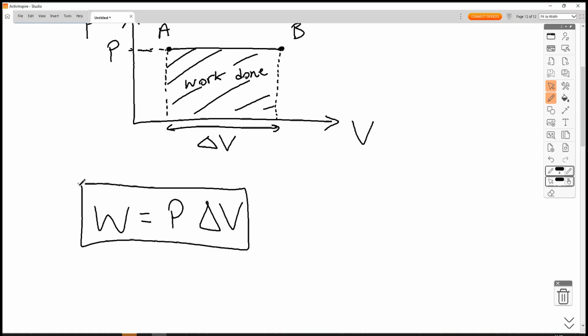So let's think about this for a second. If the volume has increased whilst maintaining a constant pressure, what does that mean about the system? Was it gaining heat or was it losing heat? In this case it was gaining heat, because temperature must have increased for that to happen.